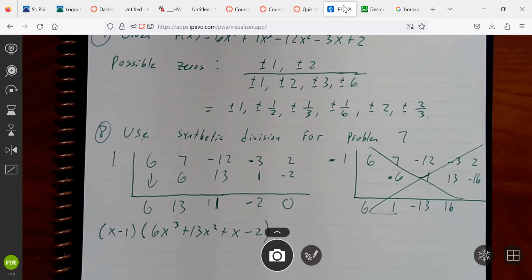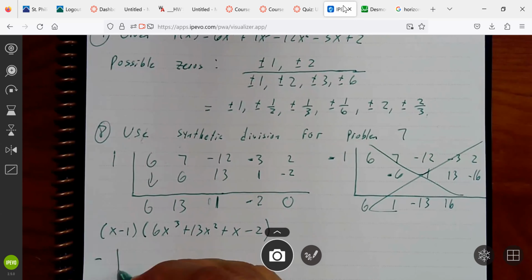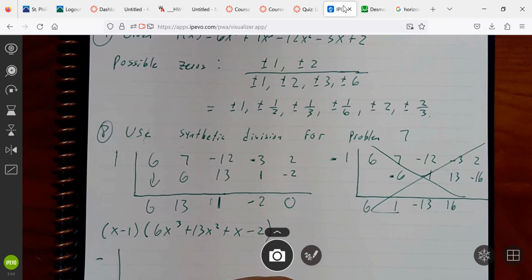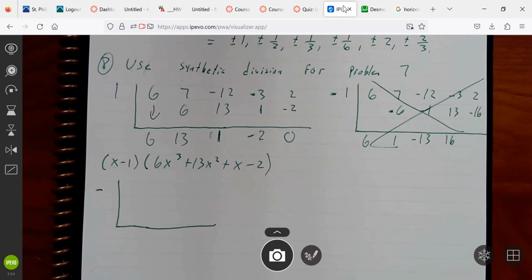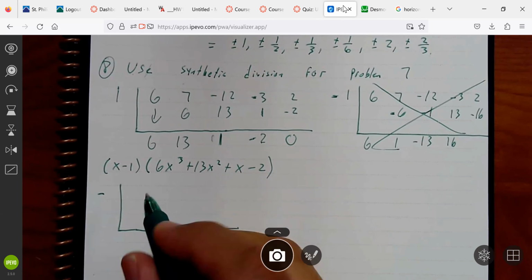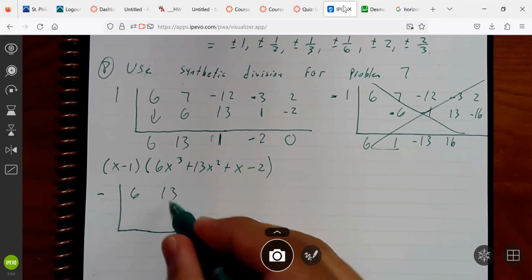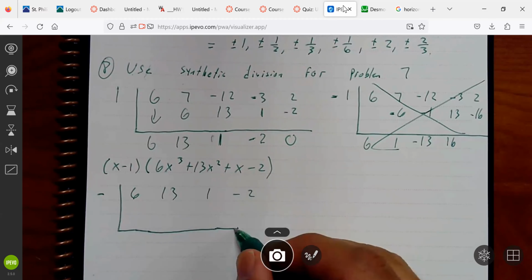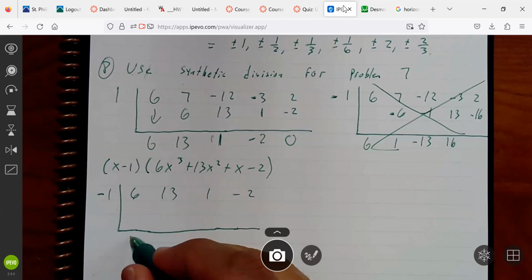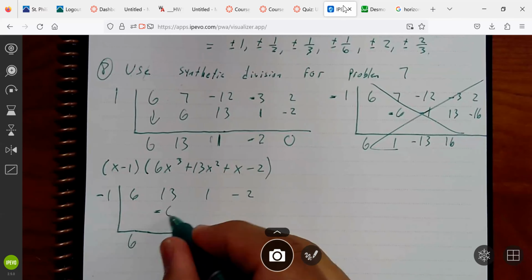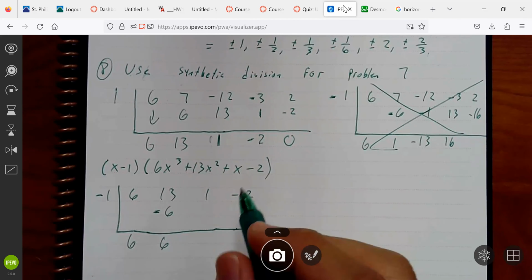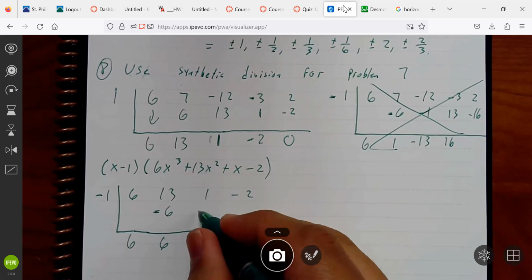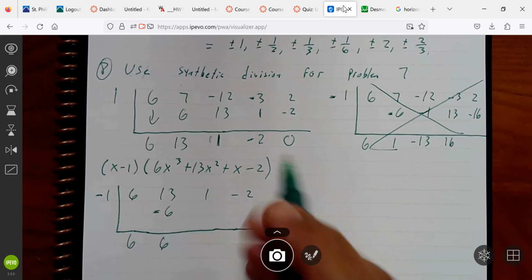Okay. Let's try minus 1. 6, 13, 1, negative 2. Negative 1 times 6, 6, negative 1 times 6 again. No, that's 7.